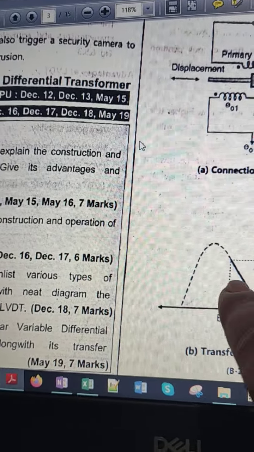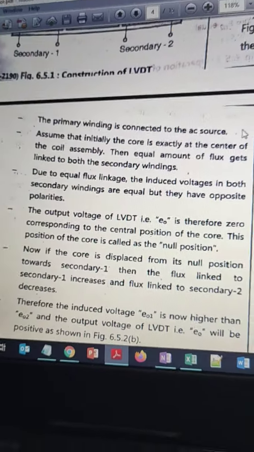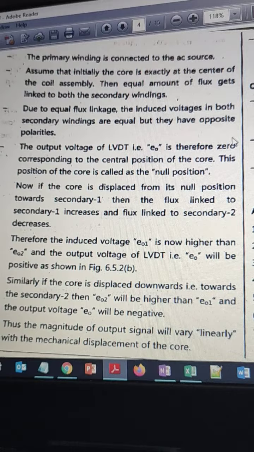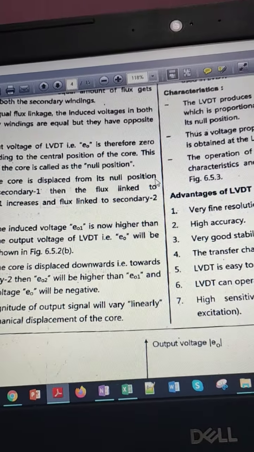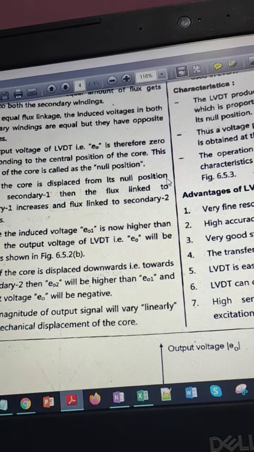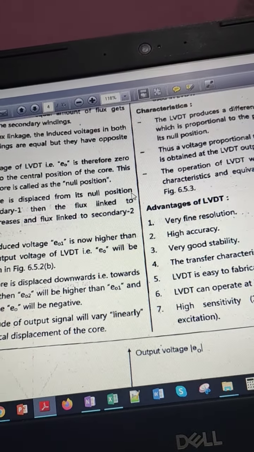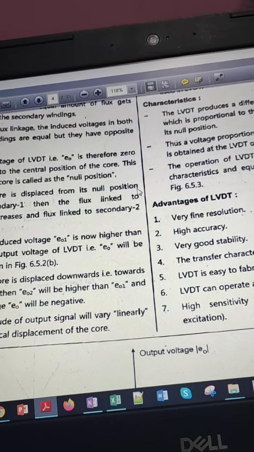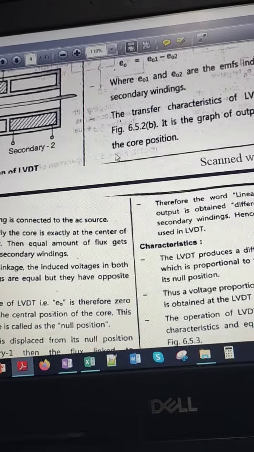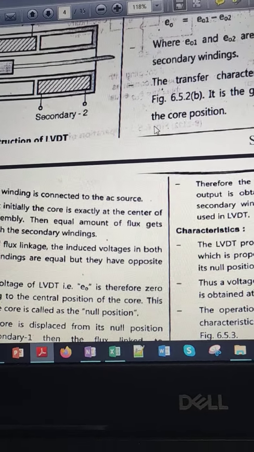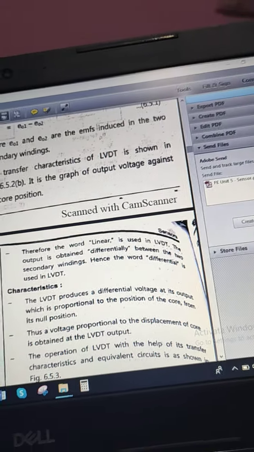So this is the linear range of our LVDT. The output voltage we get is either on the positive side or on the negative side. Thus the magnitude of the output signal varies linearly with the displacement of the core. Therefore the word linear is used in LVDT, and the word differential is used as well.